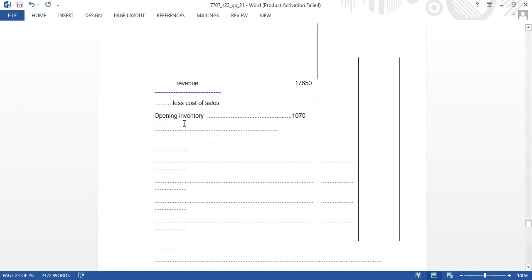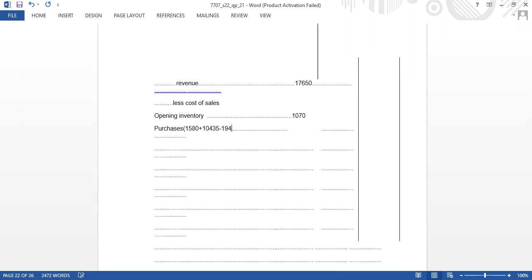Then we have purchases, that will be calculated by 1580, that is the closing balance of trade payables, plus 10435 minus 1940. 1580 is the closing balance, 10435 is the payment that is given to the suppliers, then 1940 is the opening balance. So it will give us 10075.